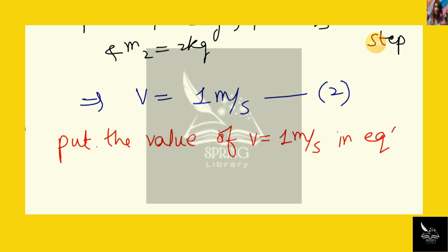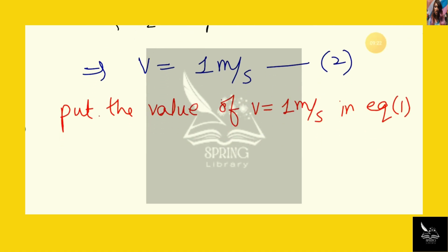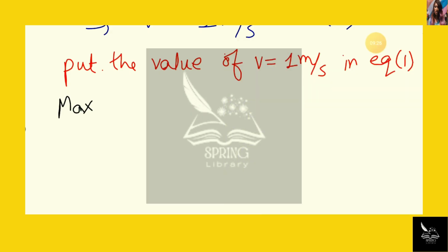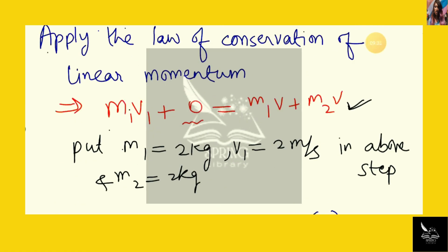So it will be written as, the maximum possible loss in kinetic energy will be equal to, equation number 1 is half m1 v1 square.